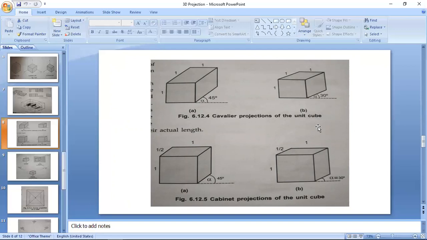Means in the orthographic projection, the projection lines are making an angle of 90° with the projection plane or the view plane. Means it is perpendicular to or normal to the projection plane. But in case of this Cavalier or cabinet projection, these are not making an angle of 90° with the projection plane. Instead, it makes an angle of 45°, 30° likewise.